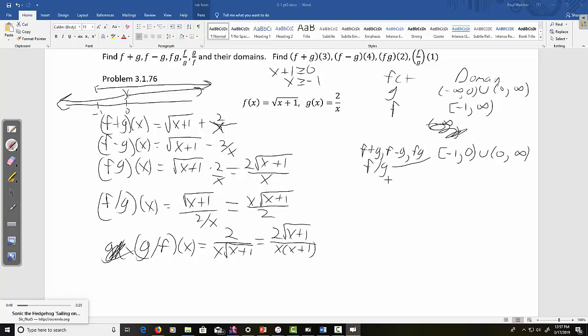So I can't have negative 1 in the domain. It is right now because of this square bracket. So for g over f, I need to take that square bracket off, put a parenthesis there, and now we are good. So that would be the domain of g over f: negative 1 to 0, exclusive on both ends, union with 0 to infinity.